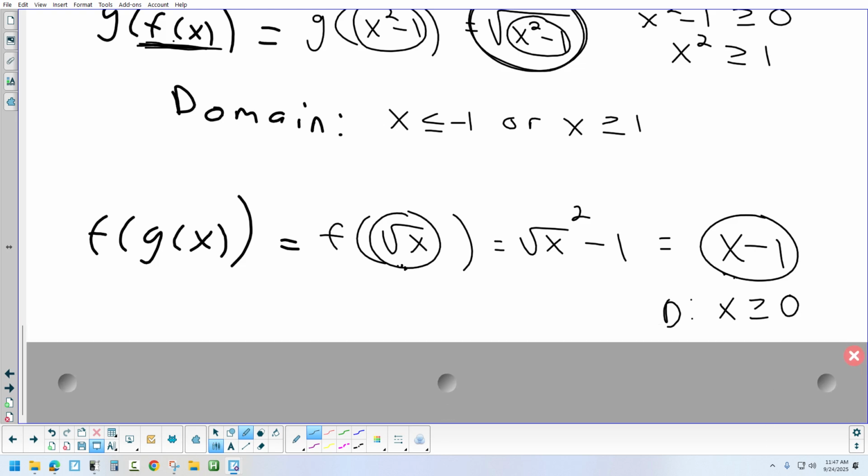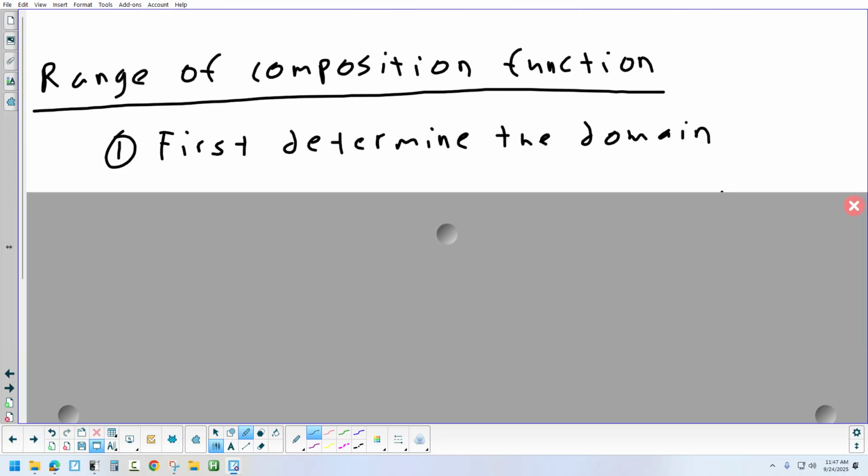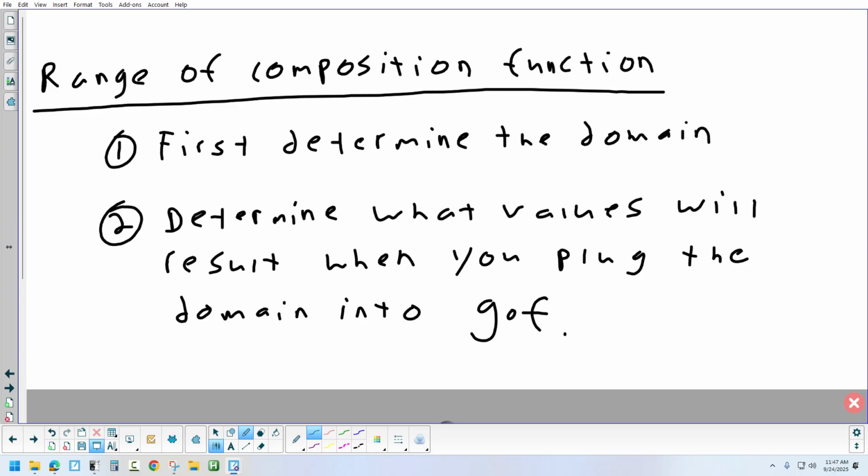Any question on that? So always look back at the inside function first, then look at your final answer. So range, well, as I said, we use the calculator. So I'm just going to simplify step 2 to say use the calculator.